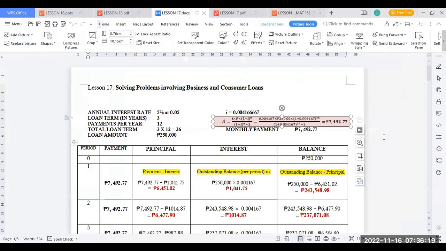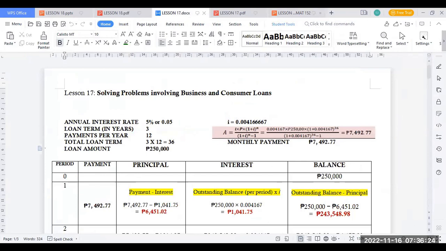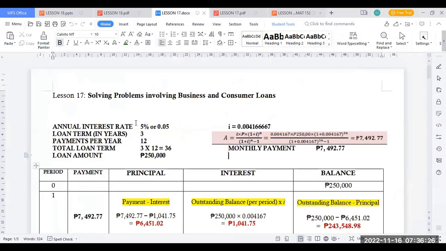Okay, this one. So, identify natin yung mga given, the annual interest rate. Okay, so the annual interest rate, that is 5% or 0.05. And the loan term in years is 3 years.